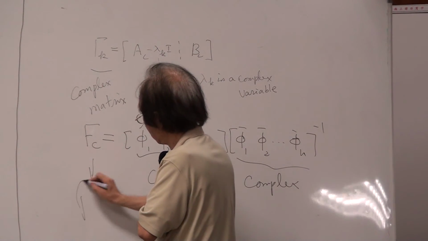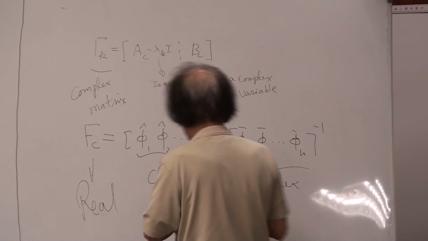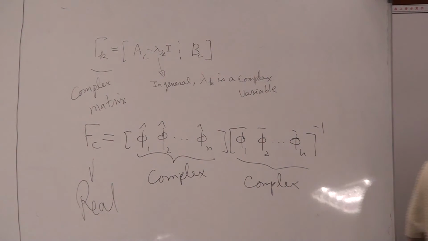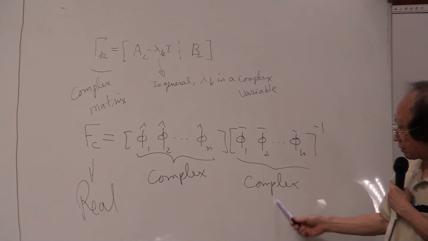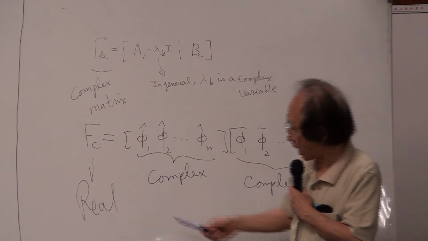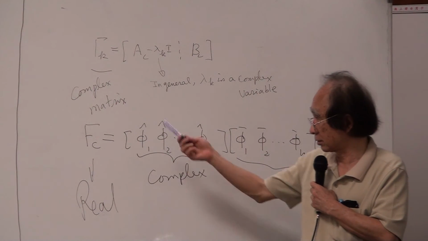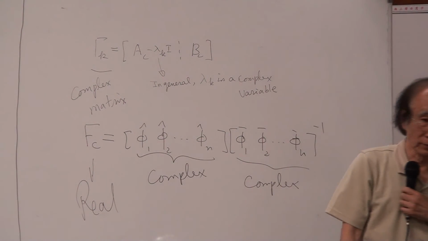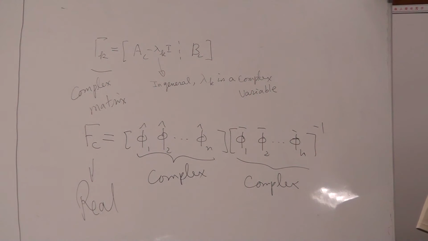That has to be real. So how can I do that? We have a complex matrix here, and the result has to be real because the force is real. The force cannot be complex. And what happens here?